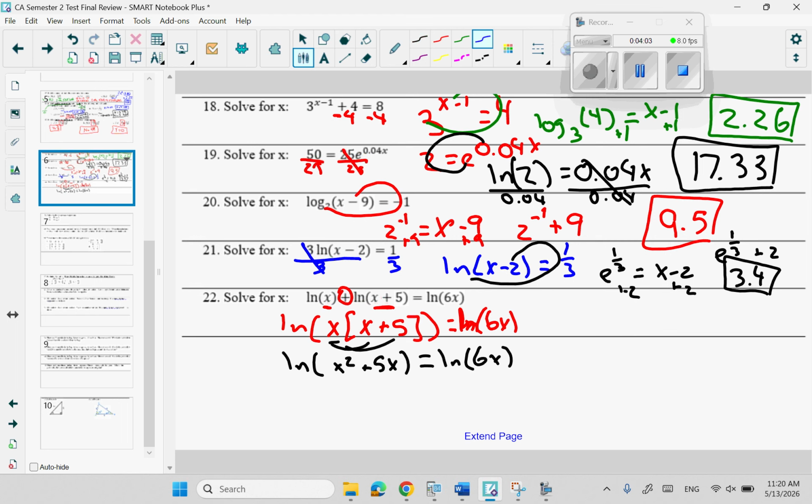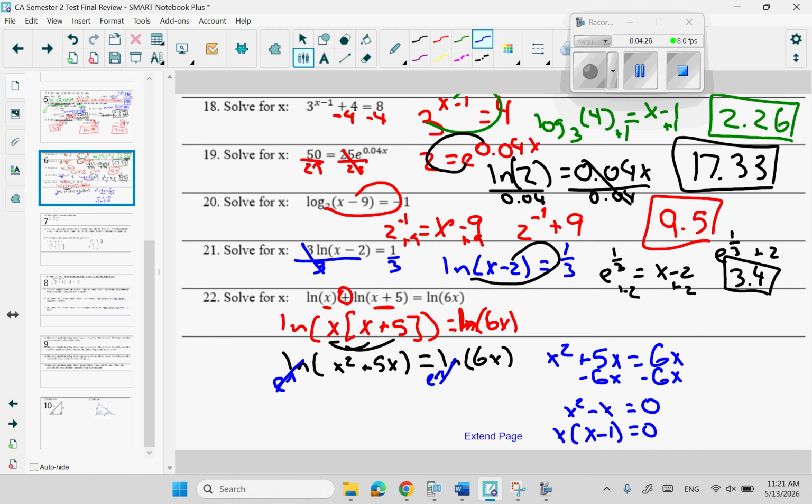Because I have natural log on both sides, I can do e to the power and cancel it out. So I know that I get x squared plus 5x equals 6x. X squared minus x equals 0. And I have to factor this. So I get x times x minus 1 equals 0. And I can set both of these equal to 0. So my potential answers are x equals 0 and x equals 1.